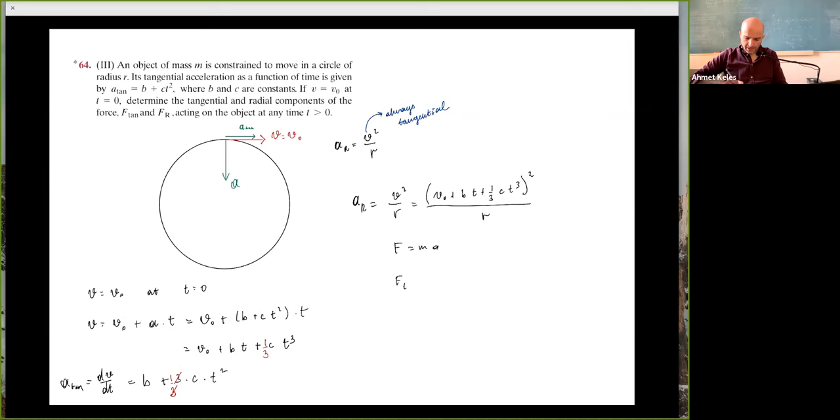F tangent is equal to m times a tangent, which is already given: m times (b plus c t squared). F radial is equal to m a radial, which is equal to m times (v naught plus bt plus 1/3 c t cubed) squared over r. And that's it.